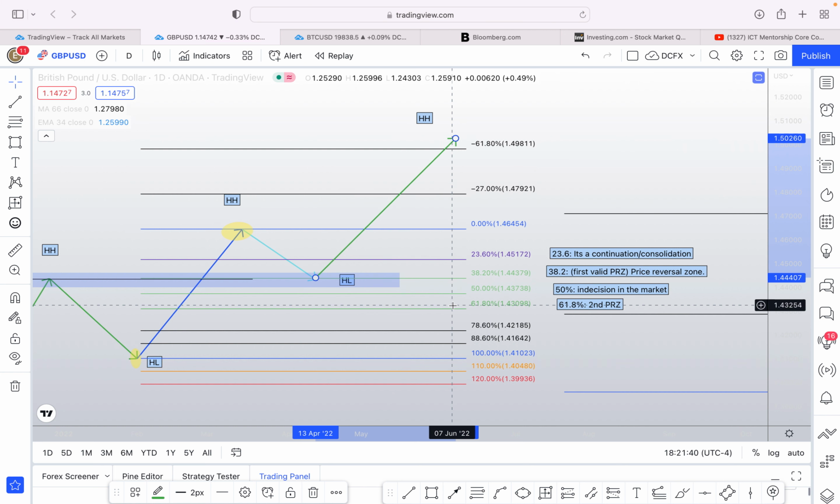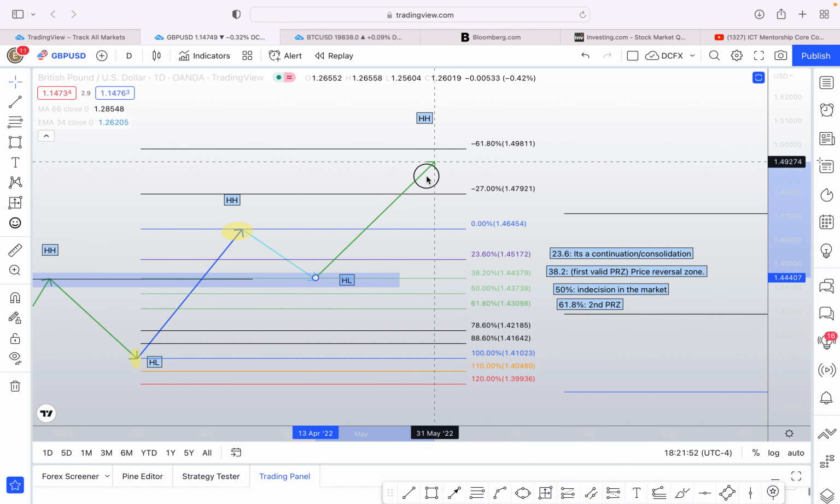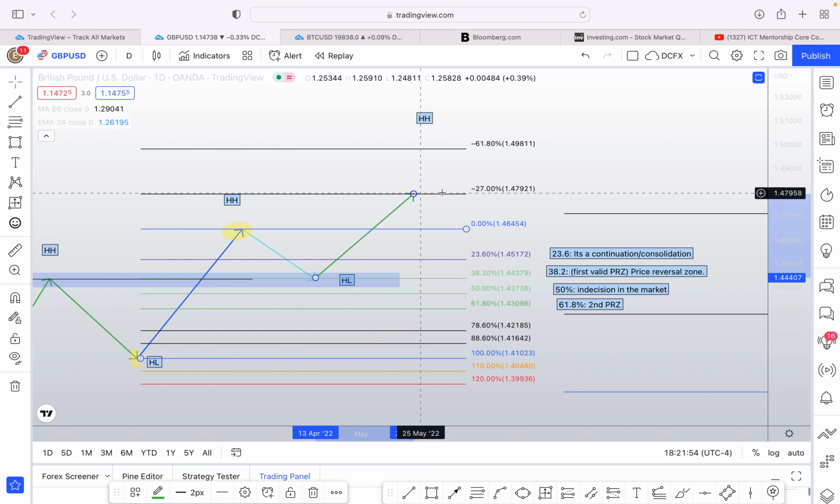Okay. Same thing with negative 61.8. Negative 61.8 is going to be your second TP. And normally what happens is the market will come to a negative 27 like this.